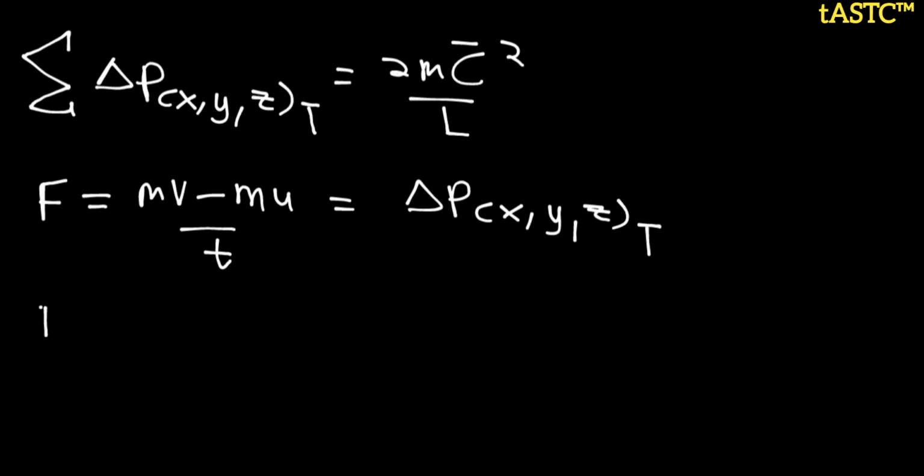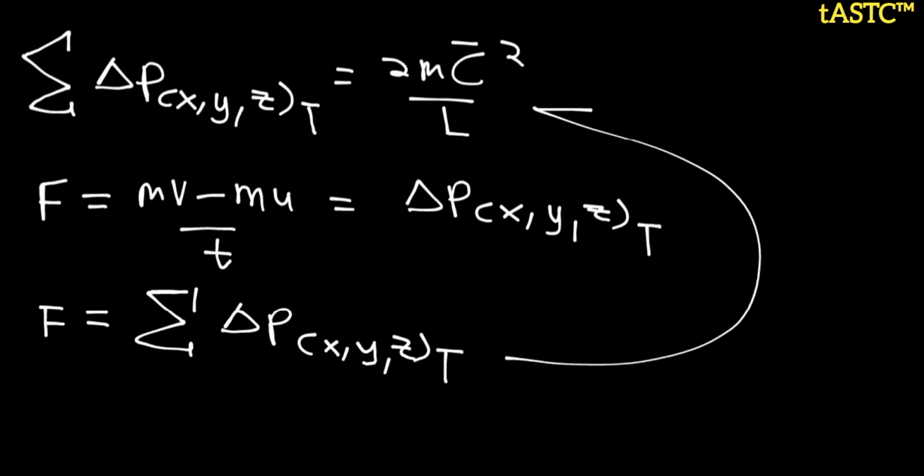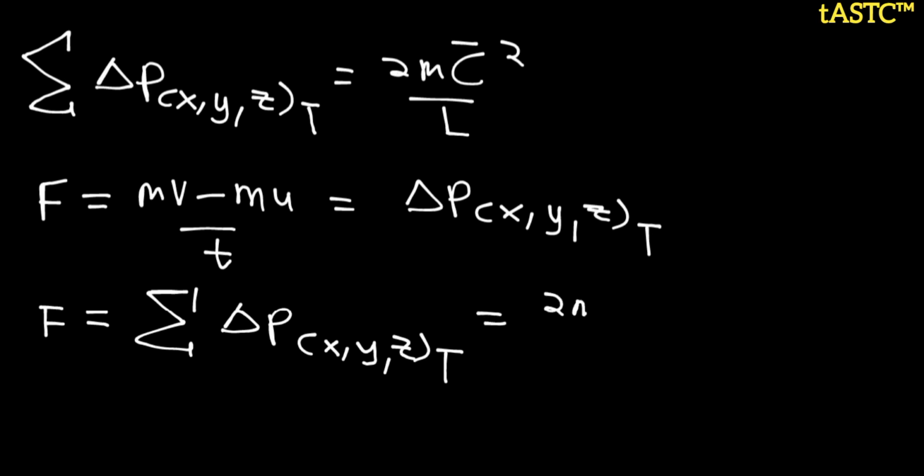So we know that F is exactly going to be the summation of dp in the x, y, and the z-axis in total form. We had already gotten that. That was equal to this, right? So this is going to be equal to 2m c bar squared divided by L.